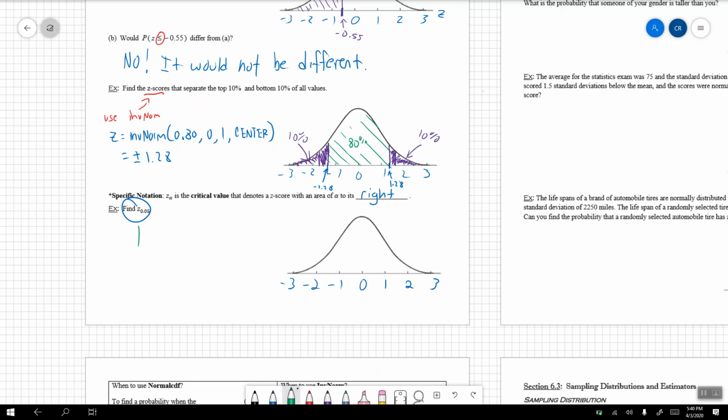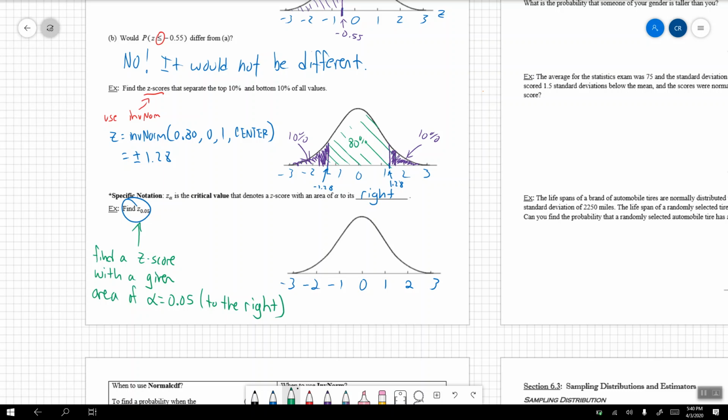So, here we go. This means find a z-score with a given area of alpha, which is 0.05, and this is to the right. So that's a lot of verbiage that's packed into that little notation there. Find a z-score with a given area of 0.05, and that's designated to be to the right.